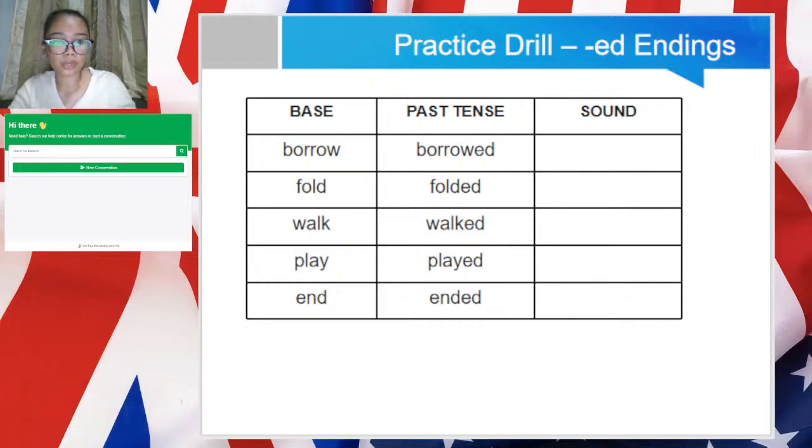Okay, let's go through each verb one by one. All right, first up, borrow. The base word is borrow. It becomes borrowed. Again, borrowed. What's the sound of that ed suffix? Borrowed. All right. The sound is d, d.